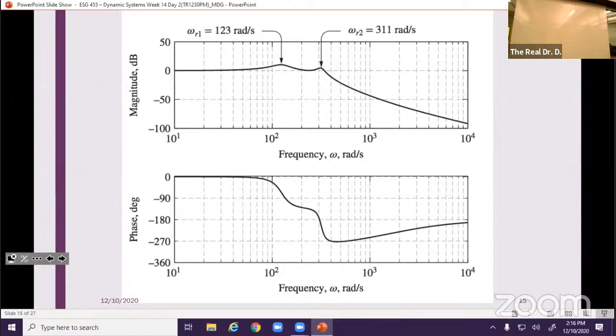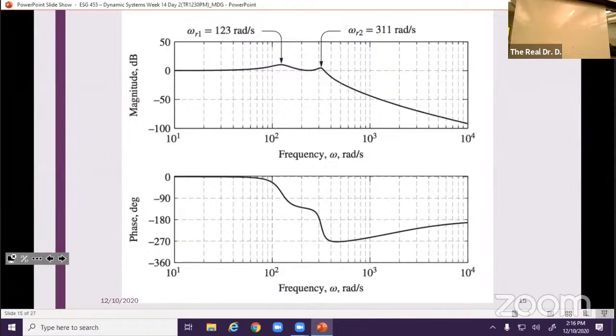What's the most resonant frequency? So remember, resonant frequency is the frequency at which we have the maximum magnitude response. So which one of these two frequencies is the resonant frequency? 123. Right?